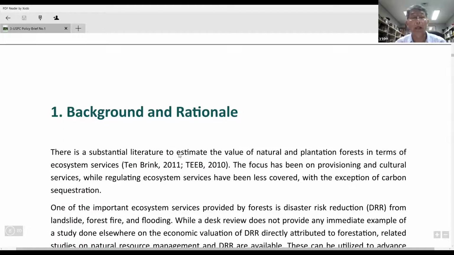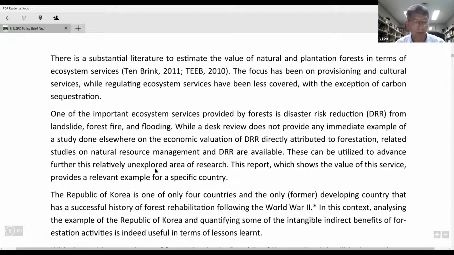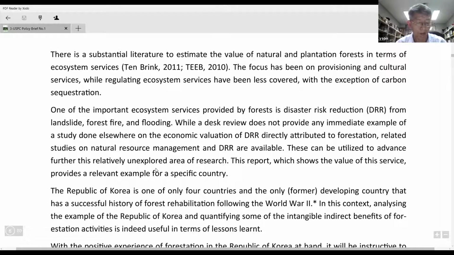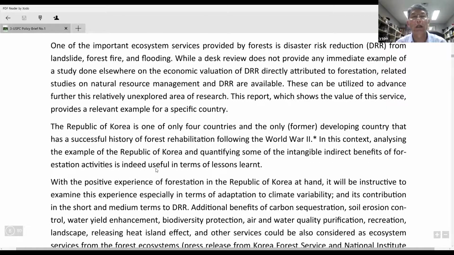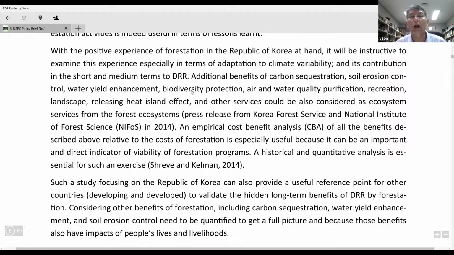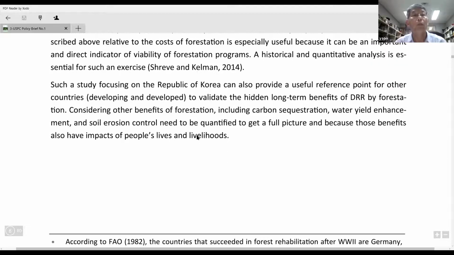So I explained most of the content in the previous presentation. And here we did DRR and other ecosystem services, so a total of 6 benefits to analyze, benefit and cost. Here, I'd like to read this sentence.